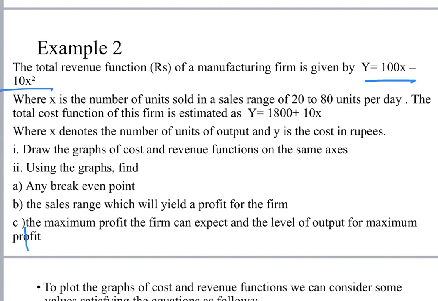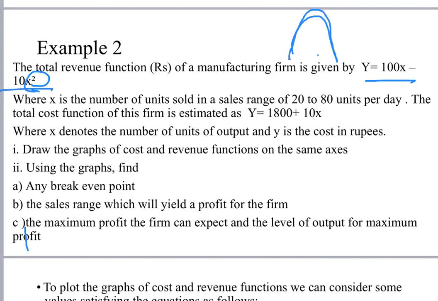Because the x is squared, this quadratic function, when we draw it, our revenue function looks like this, a parabola opening down. Why?